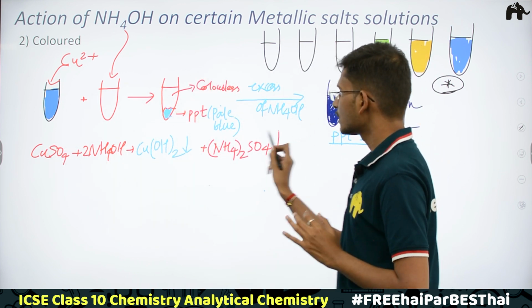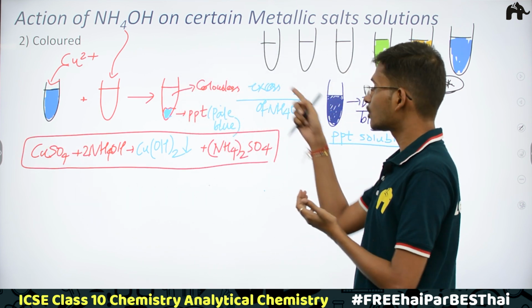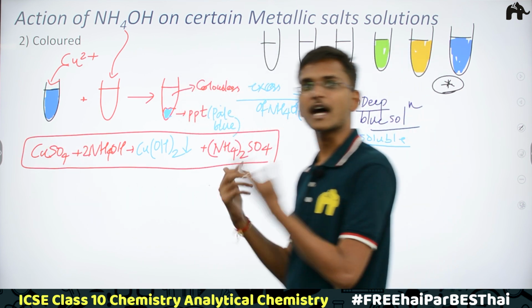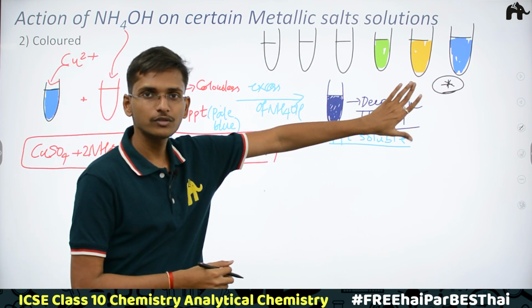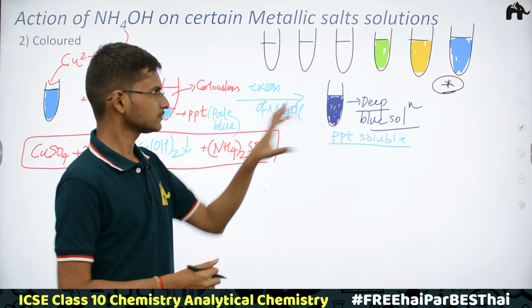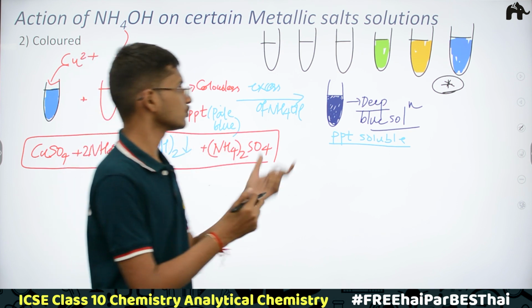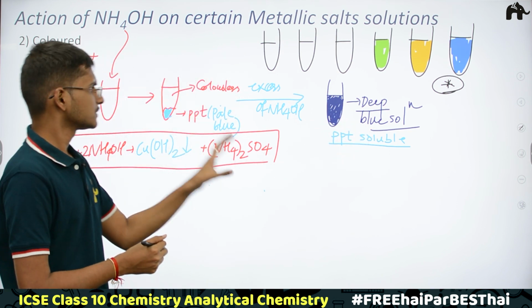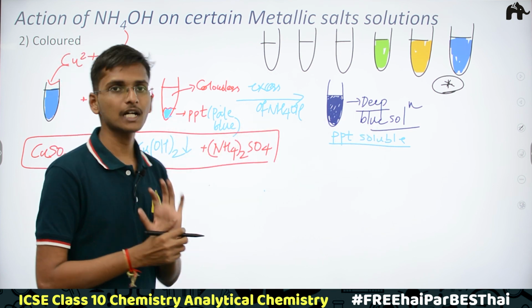Already balanced. Now we have to move ahead and see the next reaction, because in excess of NH4OH, something is happening. That's why I'm telling you that this is a special case. We are getting a deep blue solution. Now, how are we reaching this deep blue solution? Very interesting to know. The same process will happen. Here the precipitate is getting soluble, which means that this precipitate is reacting with our excess of NH4OH.